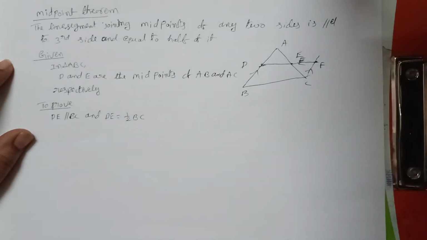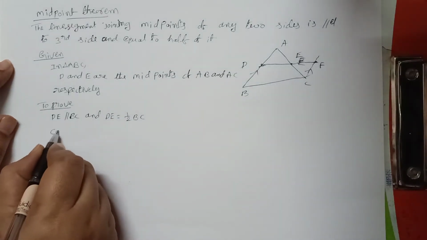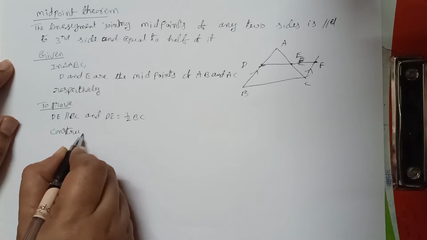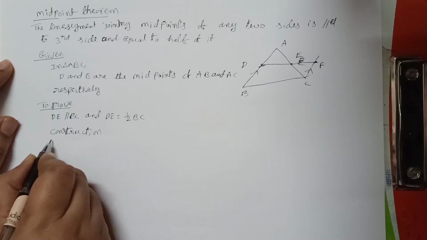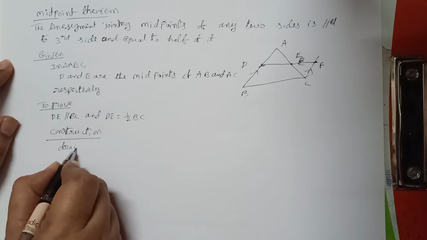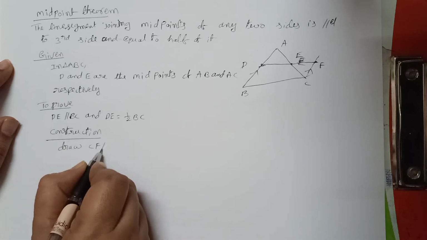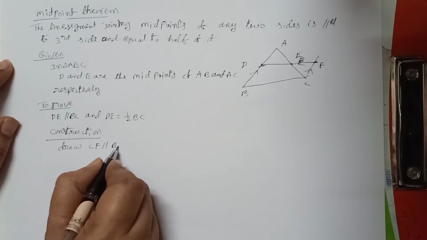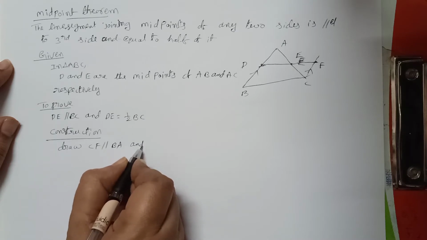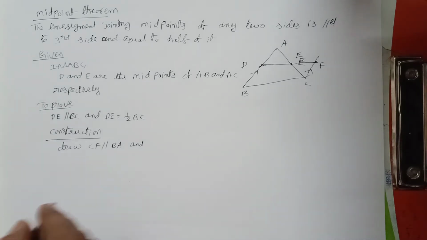The construction: draw CF parallel to BA and produce DE to F.